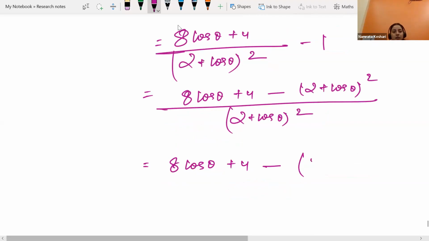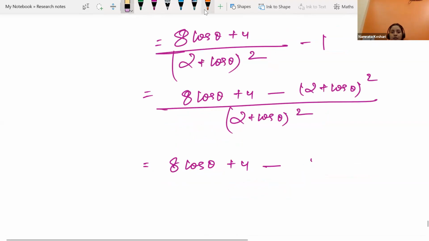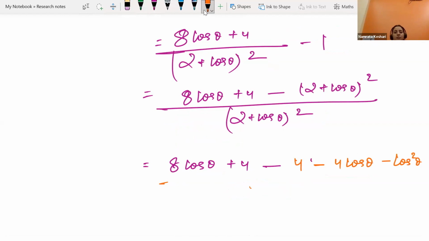Let's open the bracket directly. So a square, that means 4. Then b square will also be there, that means minus cos square theta, right? Yes. And then plus 2ab will be there, that will also become negative, that means minus 4 cos theta. Is it so, Fatima? Yes.